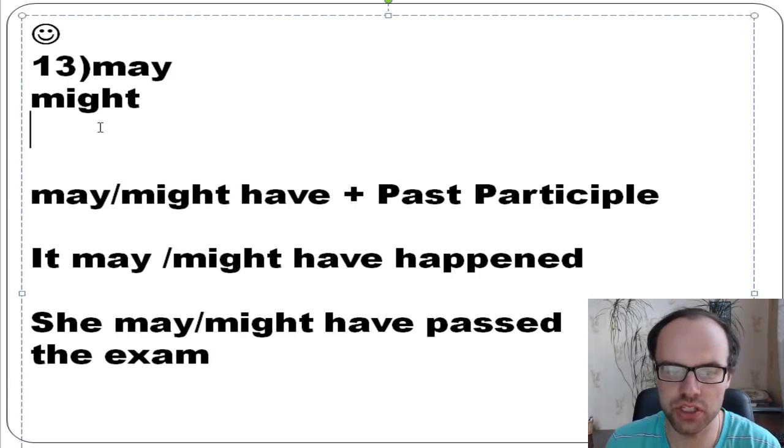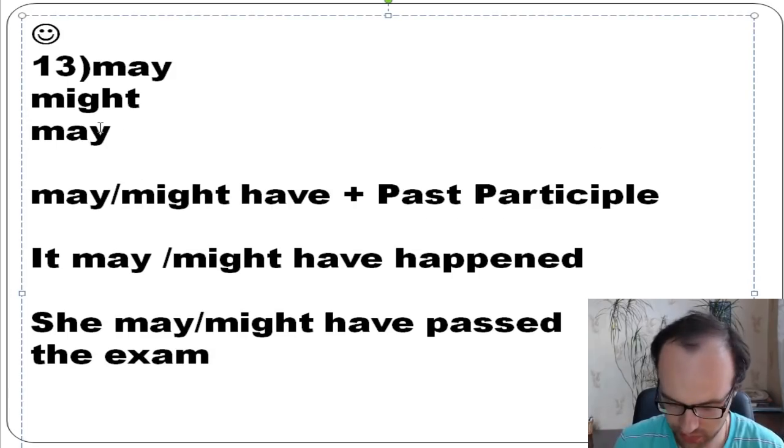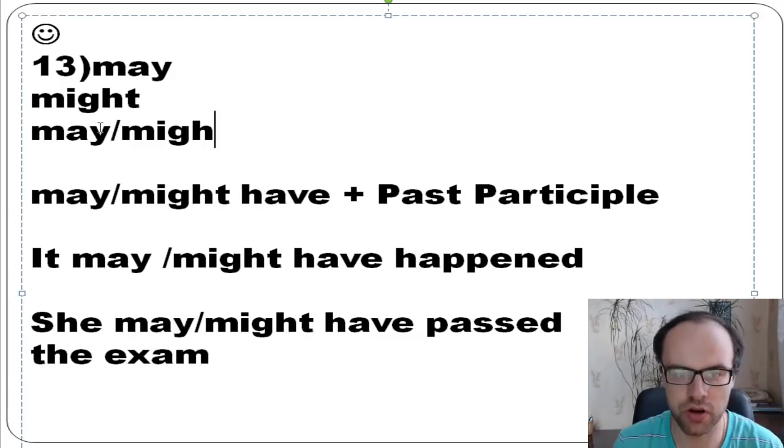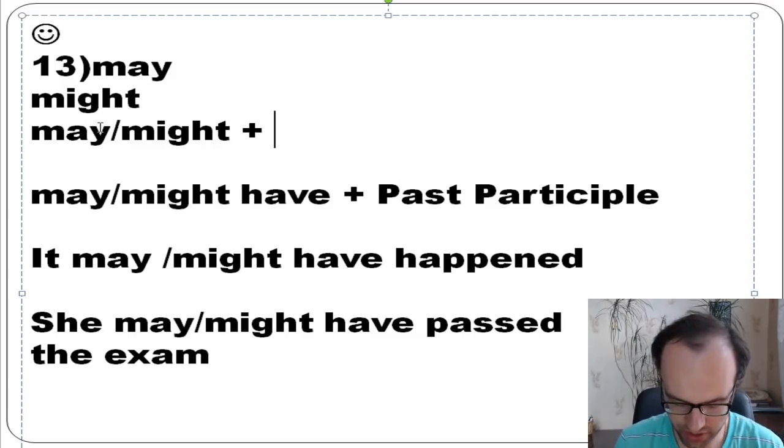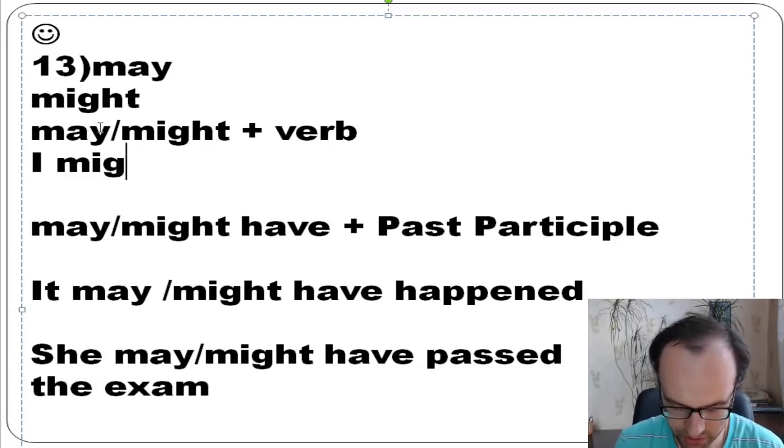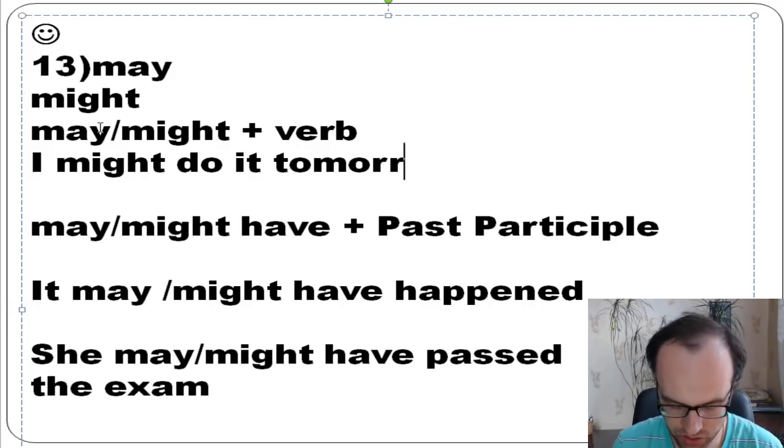So you know that if you talk about the future, you can actually say may or might plus verb. I might do it tomorrow.